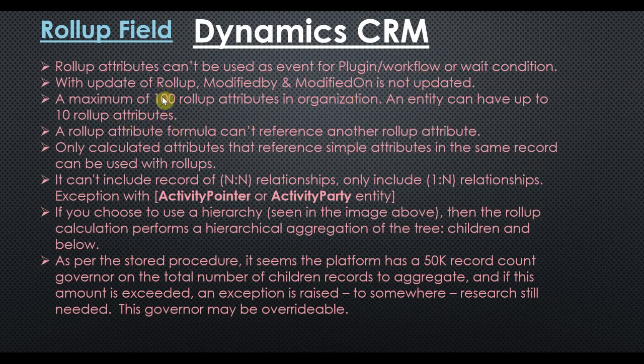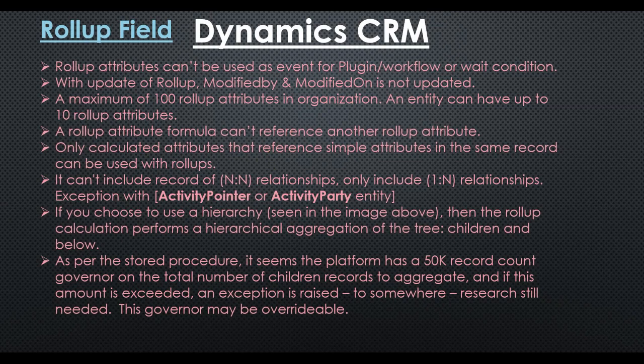Also, when you design the rollup field, you can have up to 100 rollup attributes in your organization, and for each entity you can have up to 10 rollup attributes. In the rollup attribute formula, when you design it, if you want to reference another rollup attribute, you can't do that. But in the case of a calculated field, you can reference another calculated field.